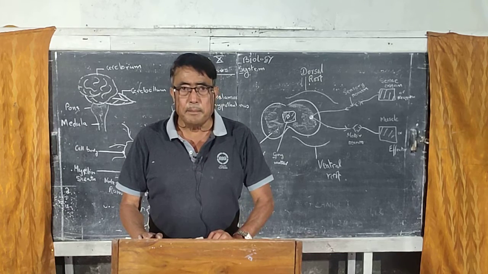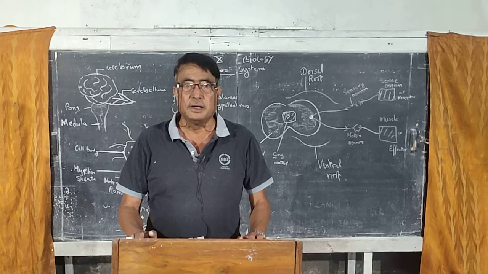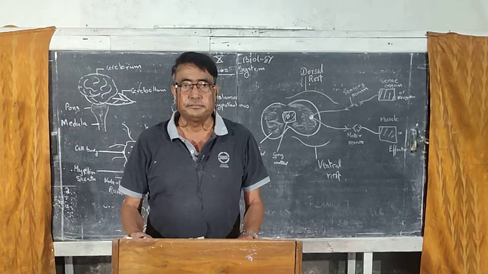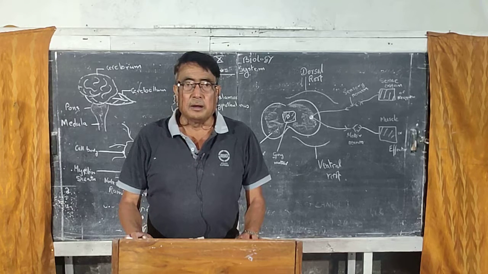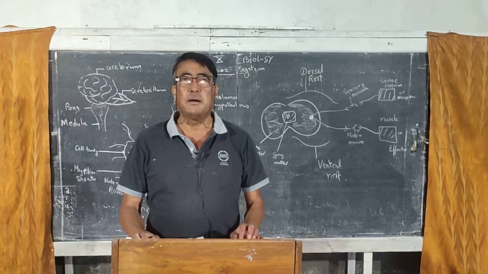Then within the brain you find cavities called ventricles containing nutritive fluid, which nourishes the cells of the brain.